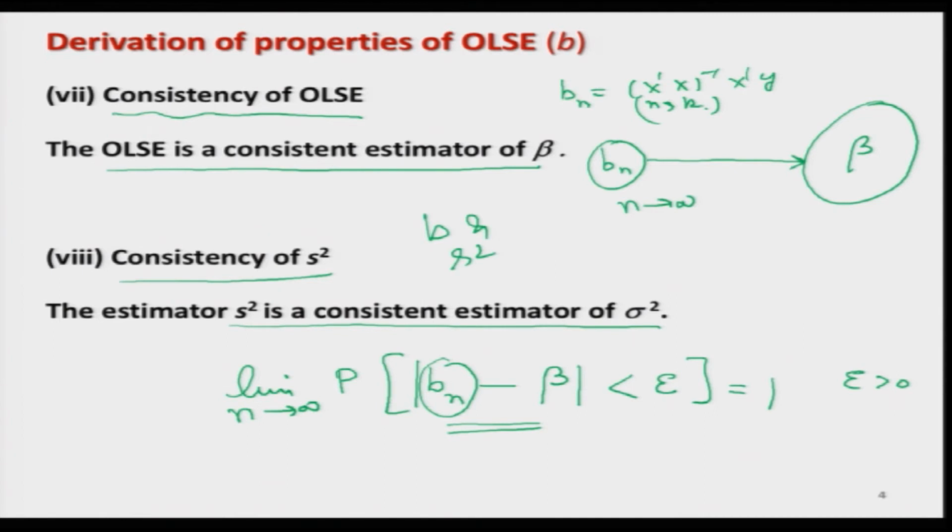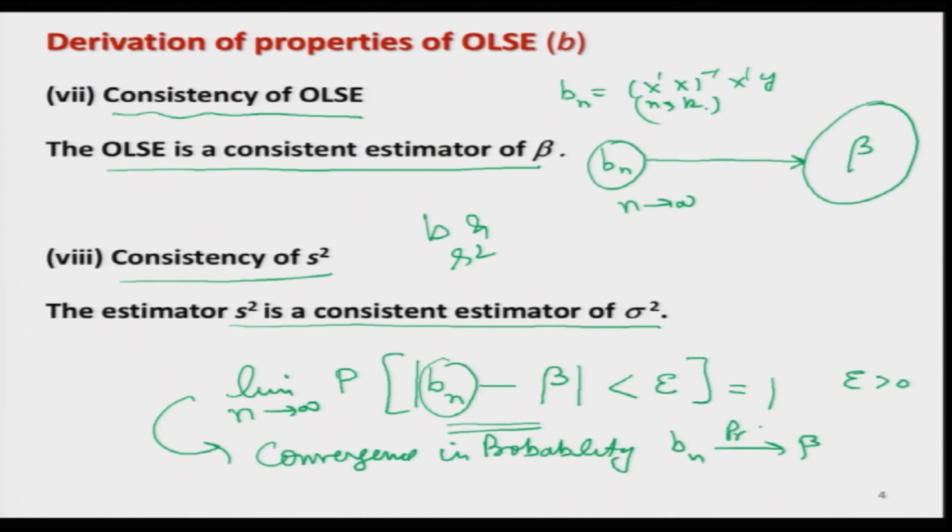This is actually called convergence in probability, and this is indicated as Bn tending to beta in probability.